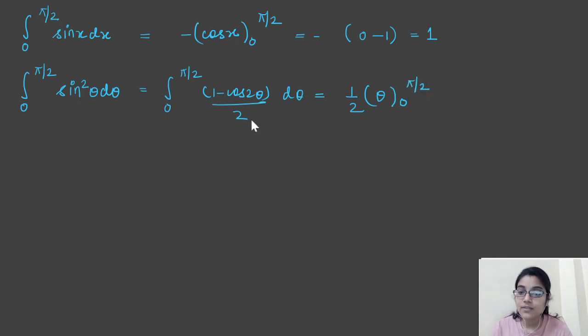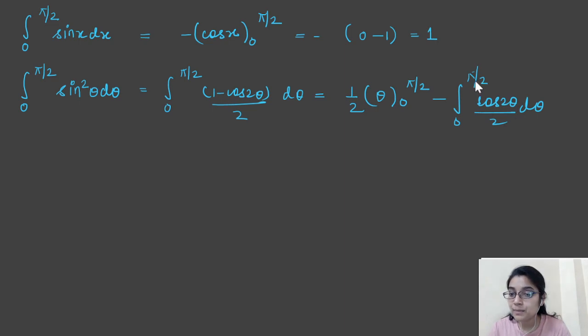Here we are not going to evaluate the integration of the second part. Why? I'm just writing it down to make you understand. If you integrate cos 2 theta, you will get sin 2 theta by 2. But when you apply the limit, in place of theta put pi by 2, that is sin pi, which is 0. Then sin 0 is again 0. So this integral will obviously give you answer 0.